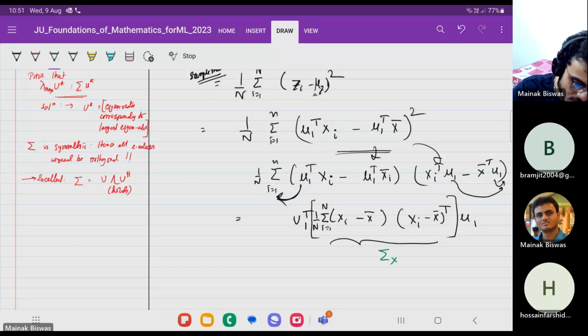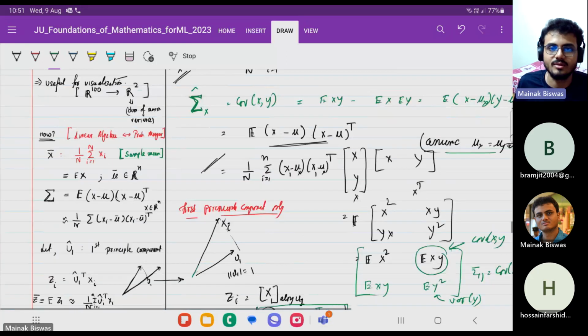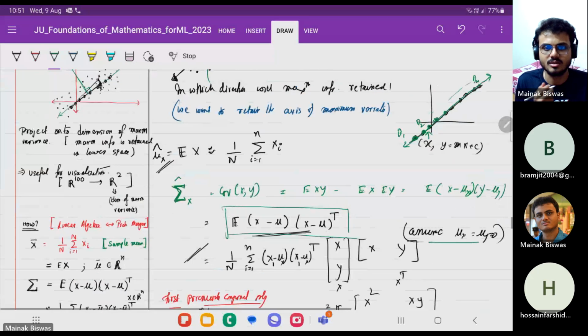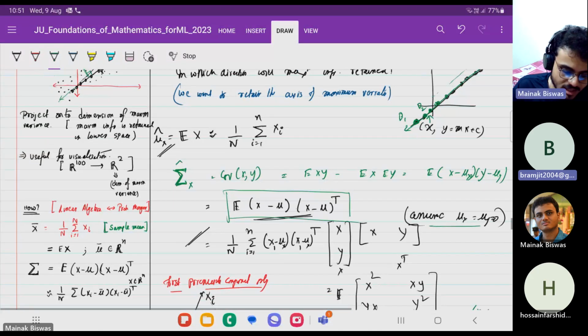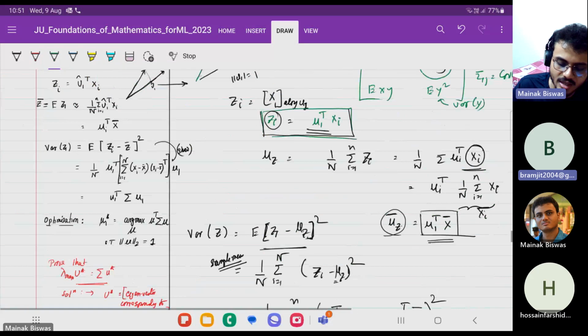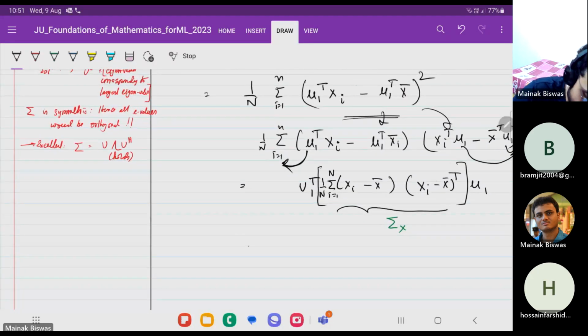Covariance matrix of X is defined by the expected value of X minus mu into X minus mu transpose, or not? Yes. So is this the covariance matrix of the data or not? So we will have U1 transpose sigma X U.